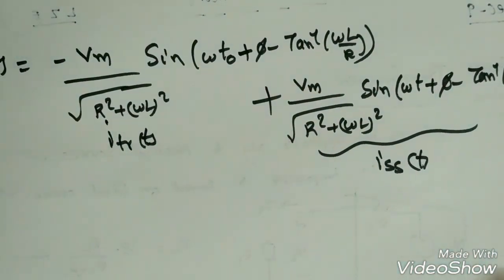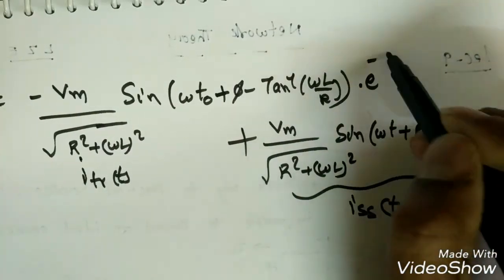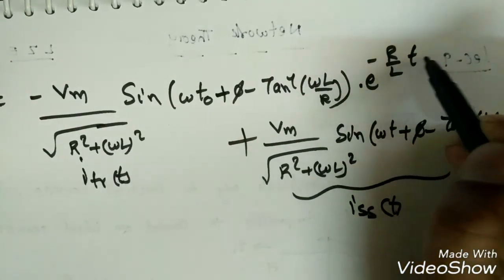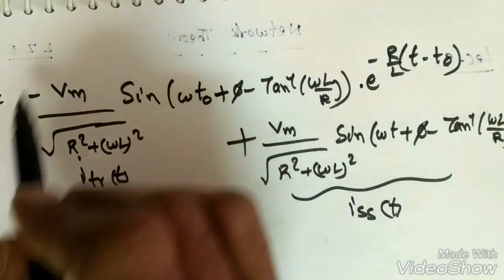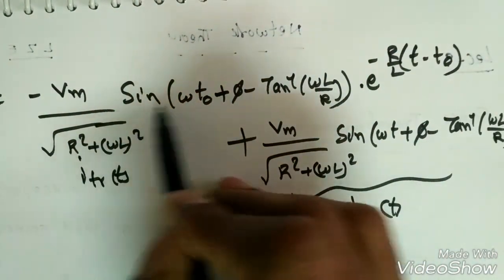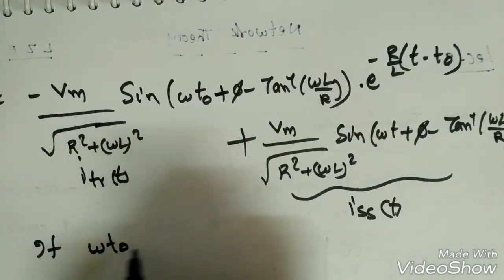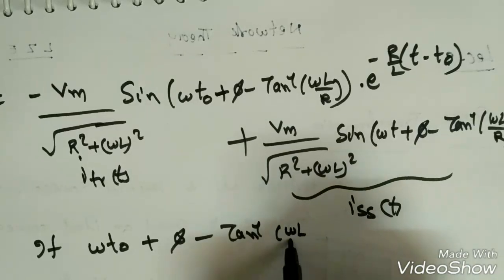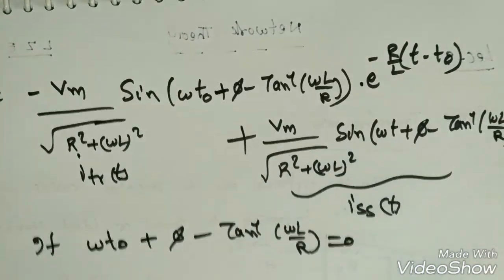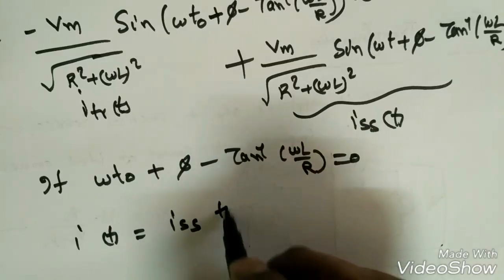So this is the steady state response and this one is the transient response, into e power minus R by L into t minus t naught. Now to make this whole term 0, we have to make sine of 0, right? If omega t naught plus pi minus tan inverse omega L by R equals 0, then I of t is only the steady state response.